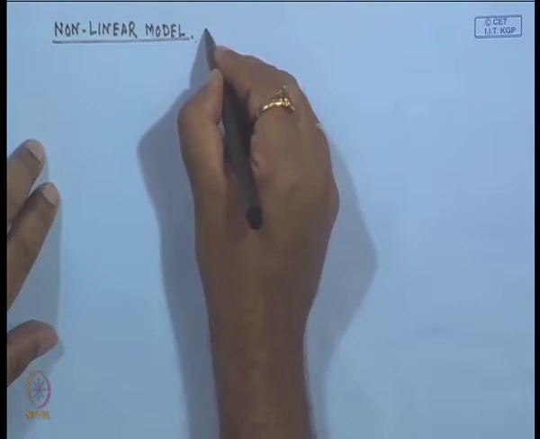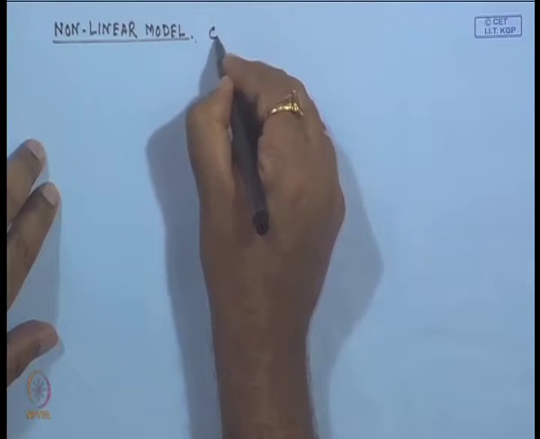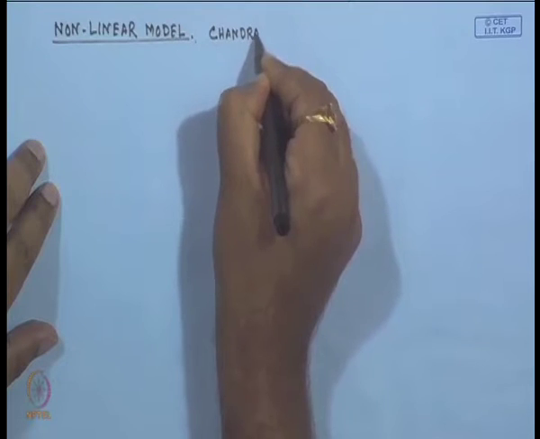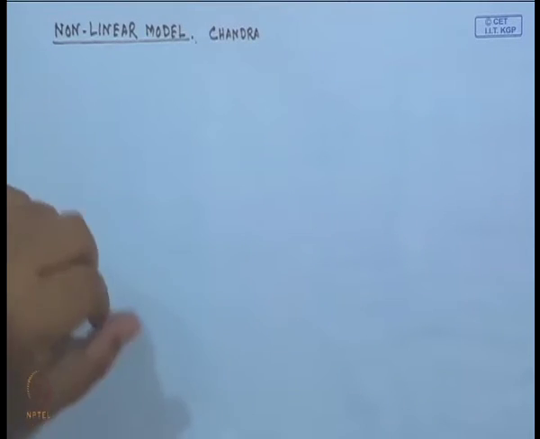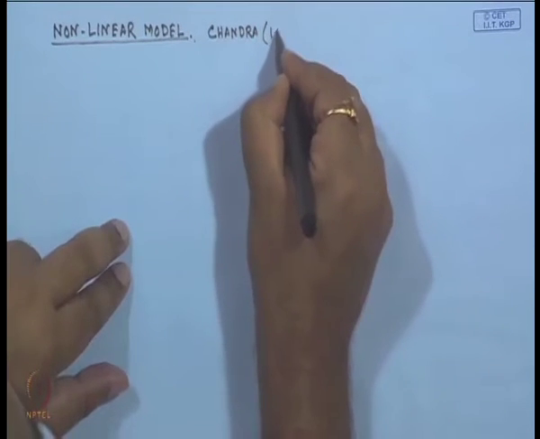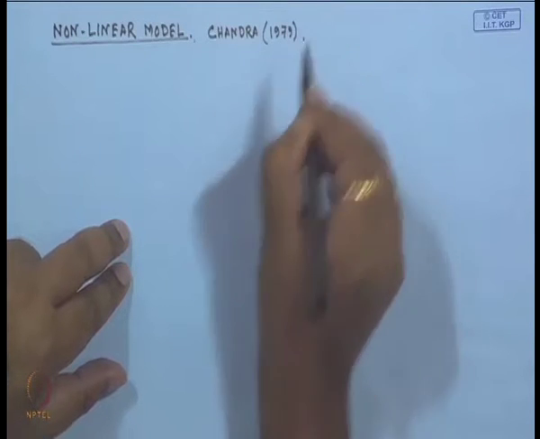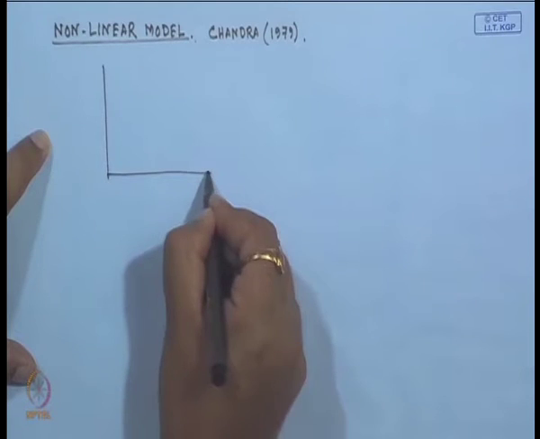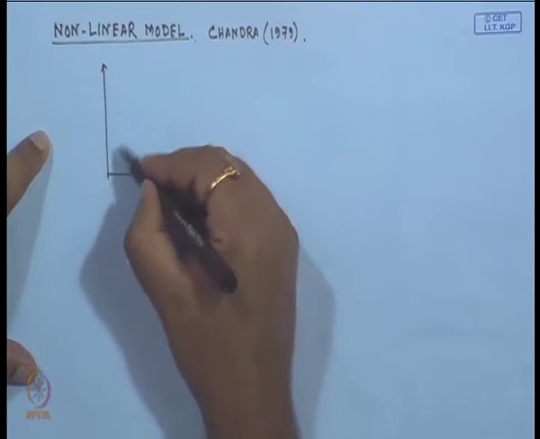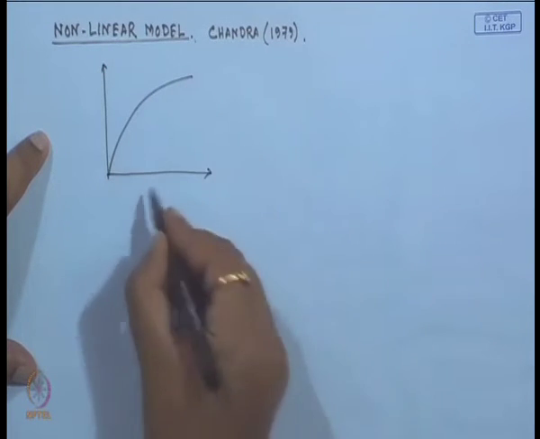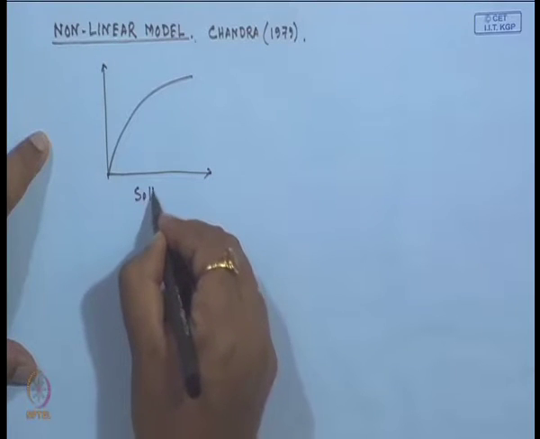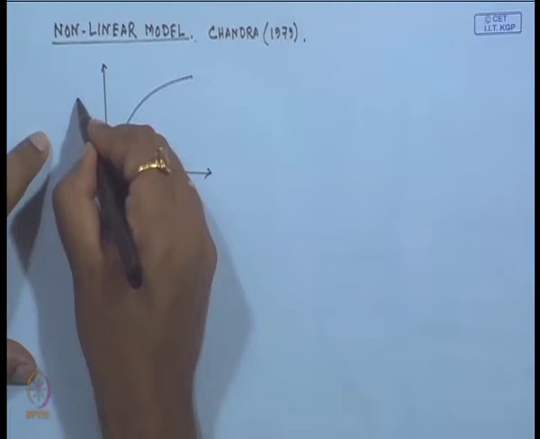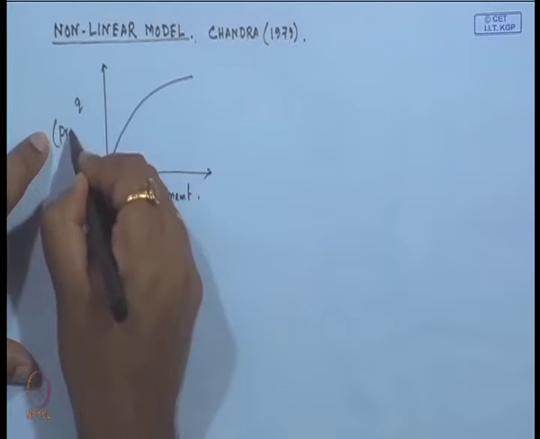That is one proposed by Chandra (1979), where this is the soil behavior, this is settlement, and Q is the pressure.